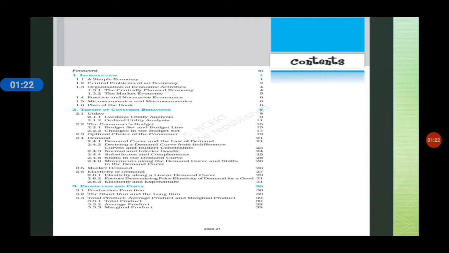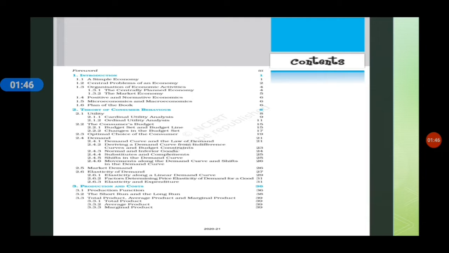Thereafter, positive economics and normative economics. Here we see the meaning of positive and normative economics, certain theories which fall in positive and normative economics, and the differences between them.